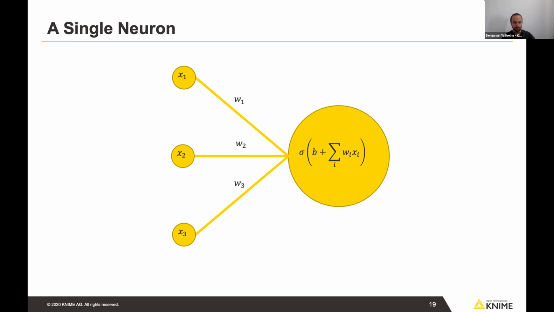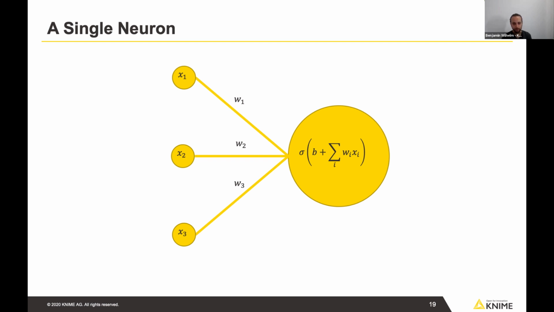Okay, and these neurons which compute features look like this. A neuron has some inputs, x1 to x3 here, and these inputs are multiplied by some weights and added up. These weights are parameters that are learned during the training of the network, so they have to be fitted to the training data.